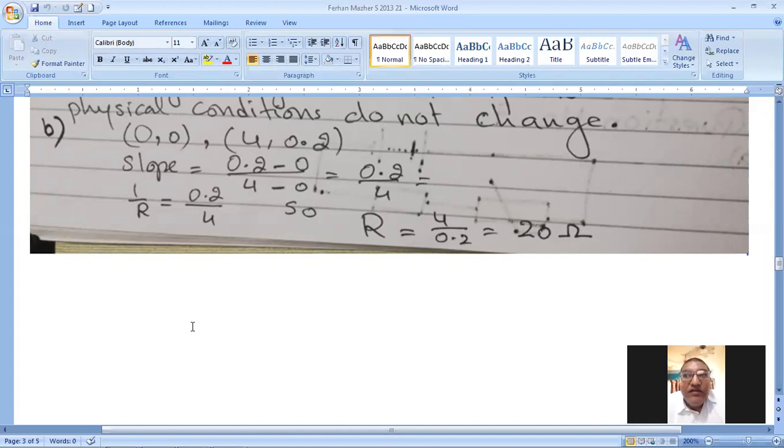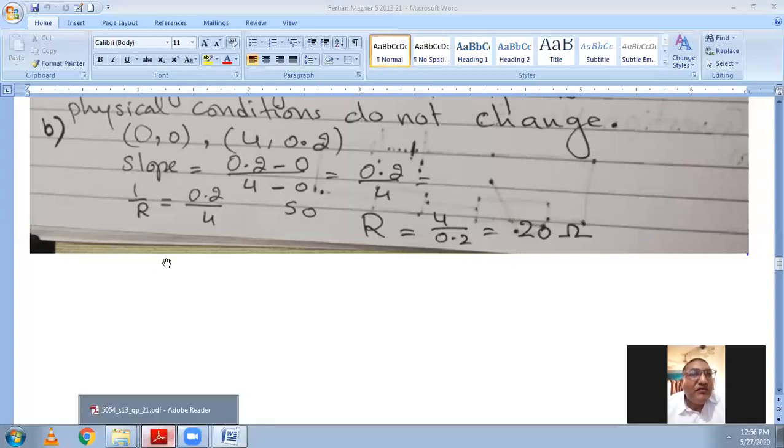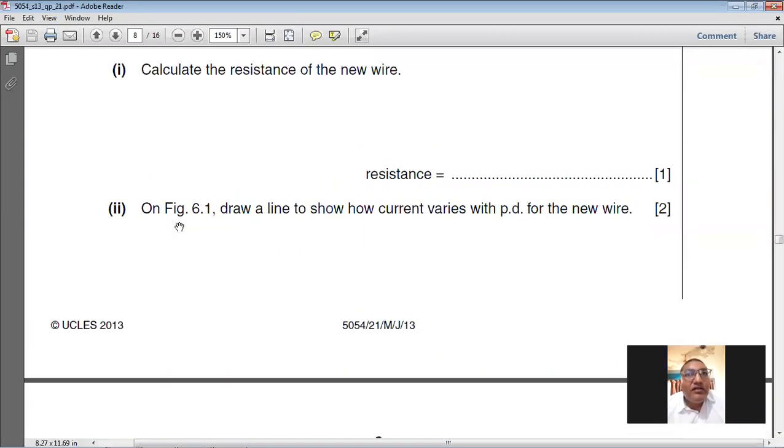Sorry, R will be equal to 4 divided by 0.2, and the final answer will be... No, it's not 0.20. Sorry, it's 20 ohm. I said 0.20 ohm, but it's 20 ohm. This dot is from the back side of the page. It's 20 ohm. I hope that the numerical is clear to you. The answer is 20 ohm. Don't forget it.